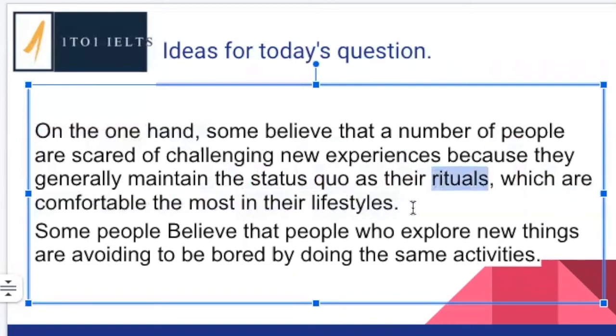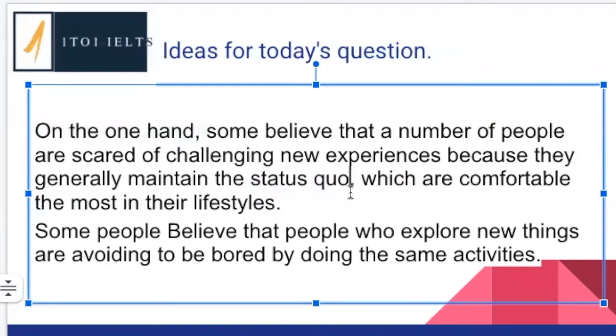So what is a ritual? It's not a routine. A ritual, normally you'll find a ritual is connected with religious activities. So here, our student is taking too many risks with their vocabulary. So here you could actually just say, because they generally maintain the status quo.